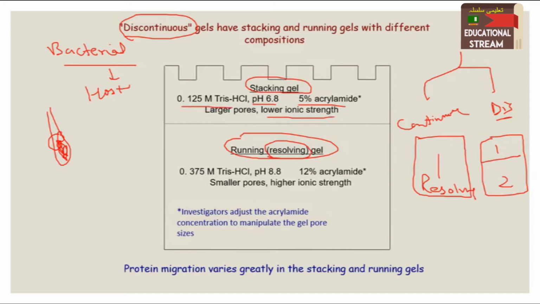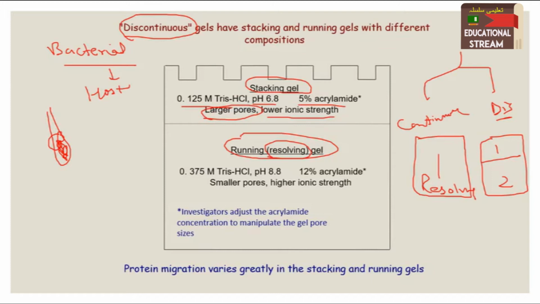So we are using only 0.125 molar Tris-HCl. It has a lower ionic strength and we are using a lower percentage, and when the percentage is less, it means that the pore size is large, and when the percentage is more, the pore size will be small. This is the pore size that results when the acrylamide and bisacrylamide polymerize to form the gel.